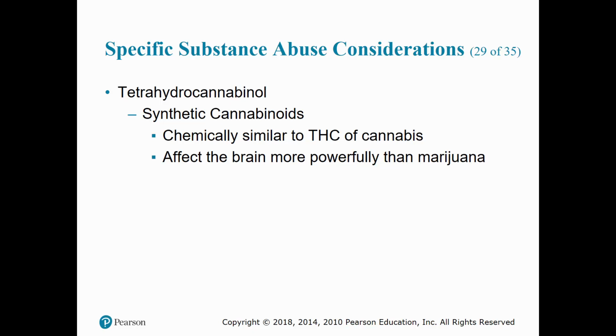Common brand names are K2, Spice, Black Mamba, Kush, Bombay Blue, Genie, Zohai, and Chronic. Synthetic cannabinoids can affect the brain more powerfully than marijuana and can produce unpredictable and life-threatening effects. This occurs because synthetic cannabinoids bind more strongly to the cell receptors affected by THC.